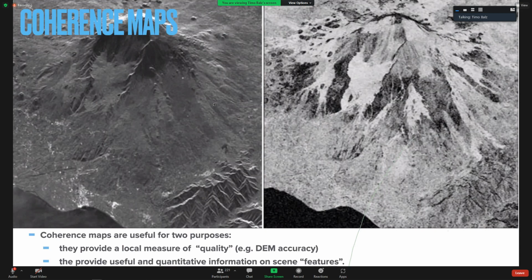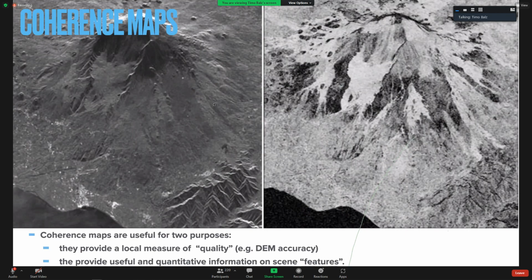If you have good coherence, then we say we probably have good phase stability, and the interferogram that we get has probably good quality. So it is a quality tool that helps us identify regions in the image where we can get a good phase result, and areas where we maybe can't.